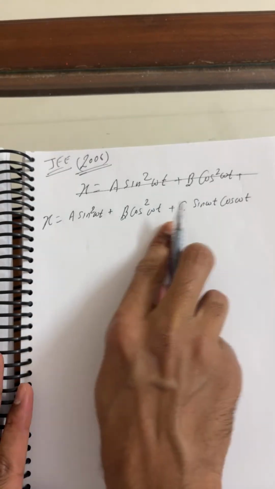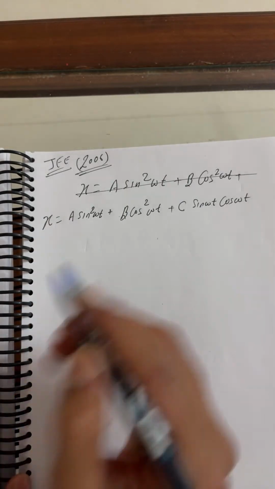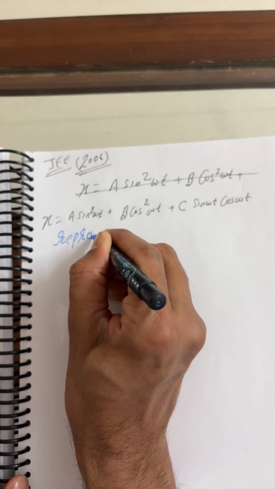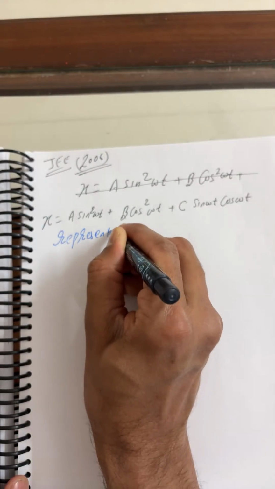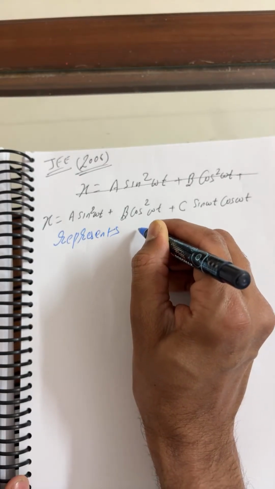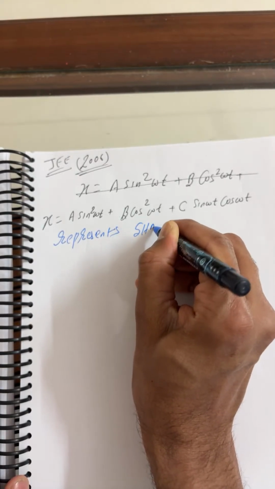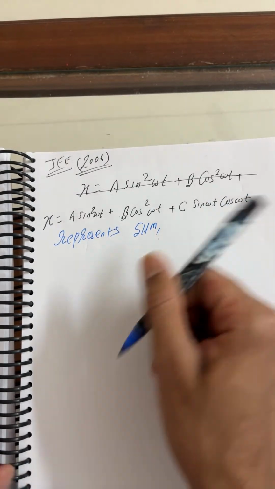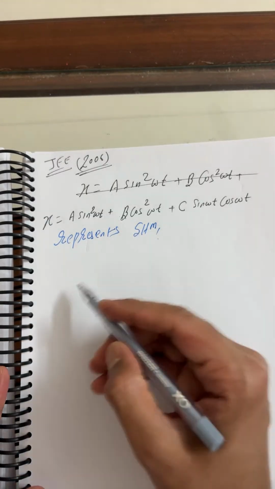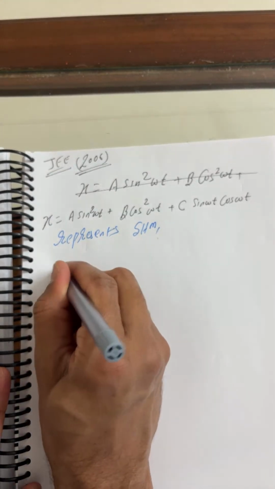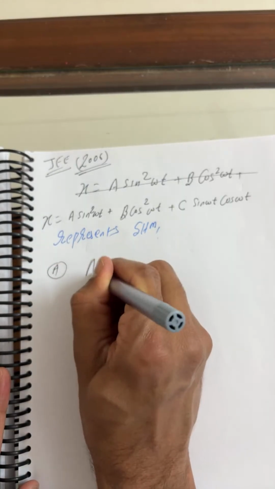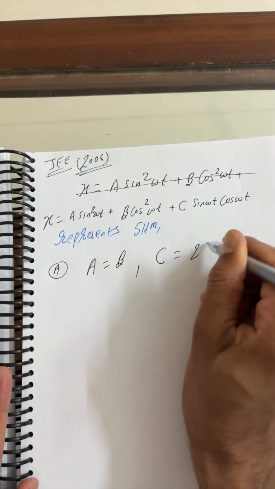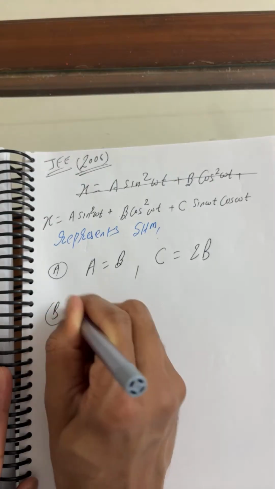Given that the equation represents SHM, which option is correct? Option A: A is equal to B and C is equal to 2B.